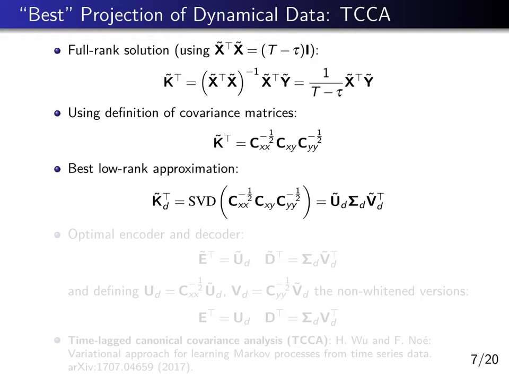This singular value decomposition now gives us a low rank representation. This diagonal matrix sigma d is small d times small d in terms of size. U is capital D times small d, so it's a projection matrix. It reduces dimension if we apply it to a column vector from the right.